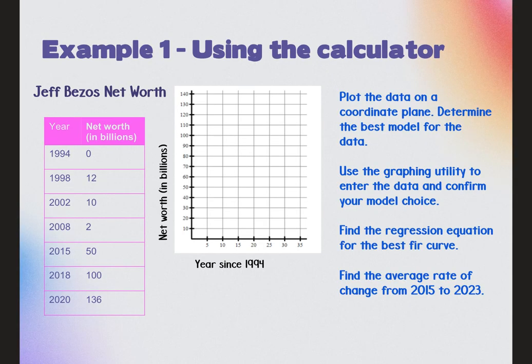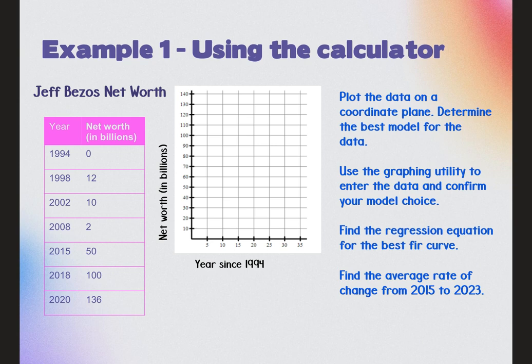So this example is like Jeff Bezos' net worth, which is insane. It says plot the data on the coordinate plane and determine the best model for the data. Now notice that it's years here on the left-hand side. It's from the year 1994, and then it goes to 1998. But on the bottom, it says year since. So you want to pay attention.